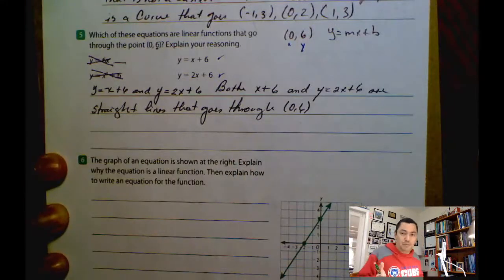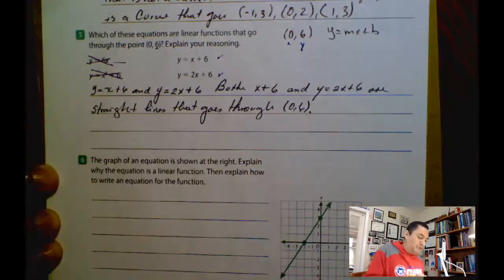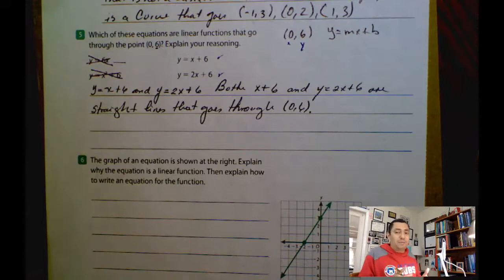Okay, we know that one because the initial value is 6. That's the only thing I'm going to write, and the other ones we eliminated because one doesn't have an initial value and the other one is a quadratic function. It's not a straight line.